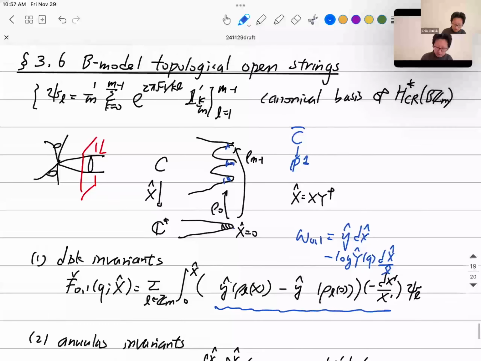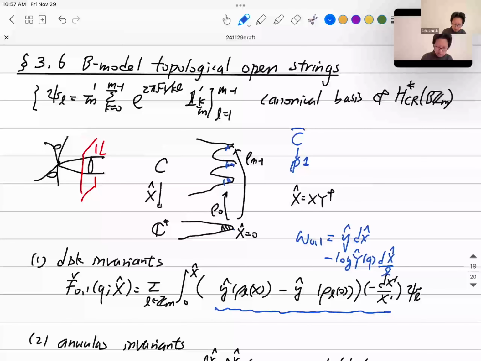And to match the A model, the bases correspond to the punctures, and the bases correspond to the A model differ by this change of bases.